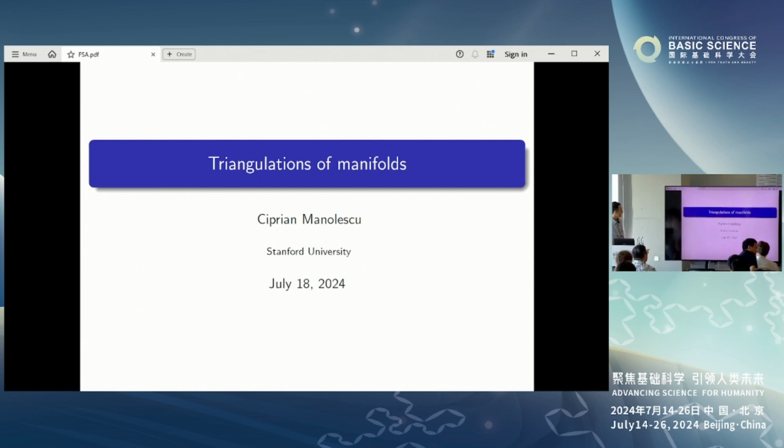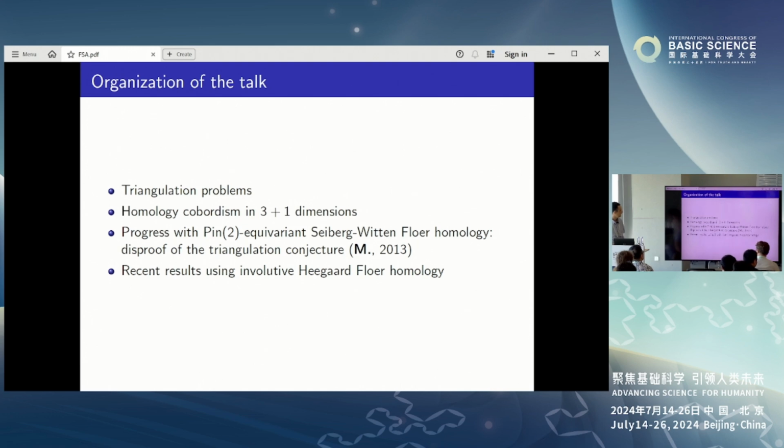So here is the plan of the talk. I will first talk about the motivating question, the triangulation problems for manifolds. Then I will explain how they can be boiled down to questions in 3+1 dimensions. So the original questions are in any dimensions, but in the end you can reduce them to something just about 3 and 4 dimensions, questions about homological bordism.